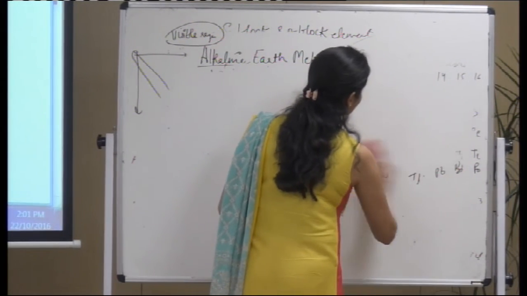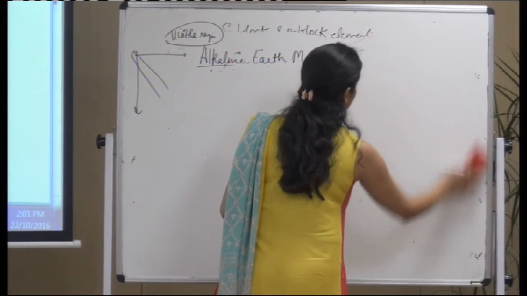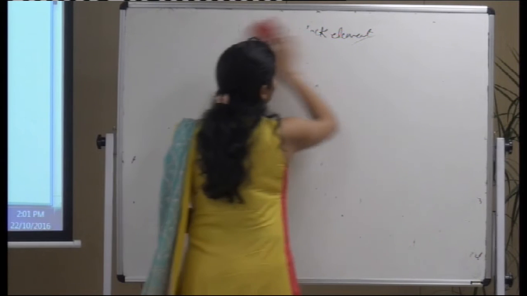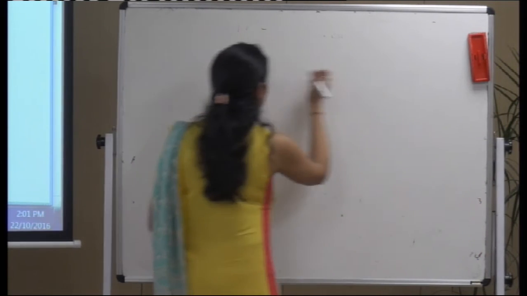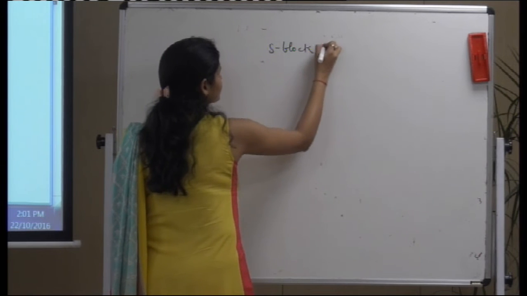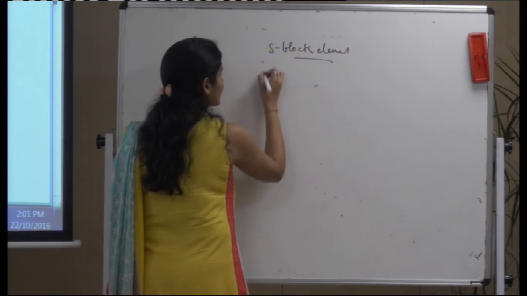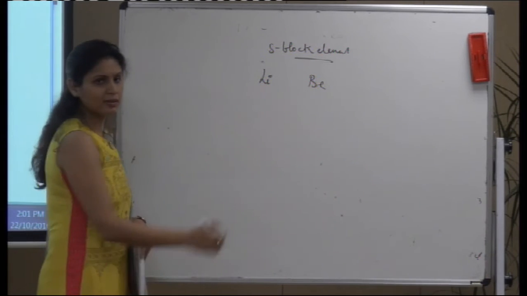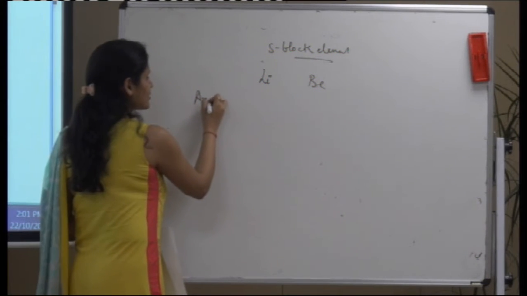So if I want to discuss beryllium, does everybody know that the first element of any block of the periodic table, like lithium and beryllium, shows anomalous behavior? What is anomalous?